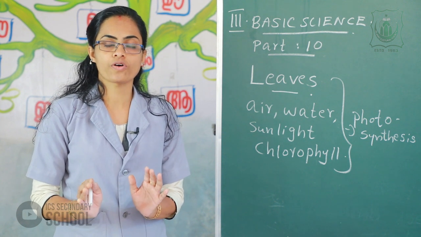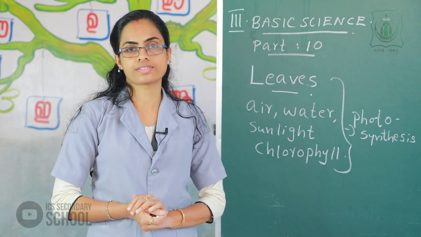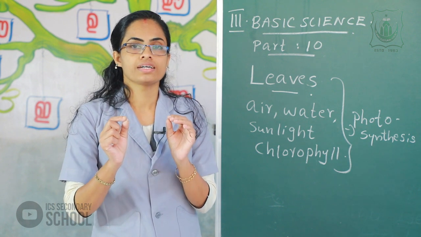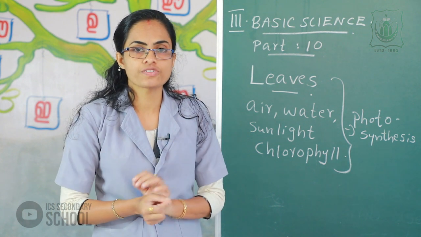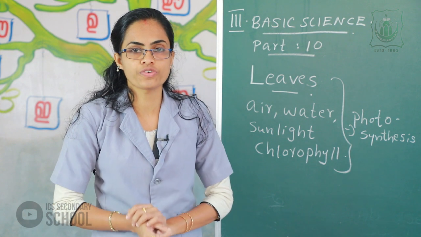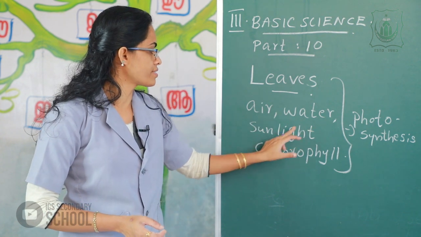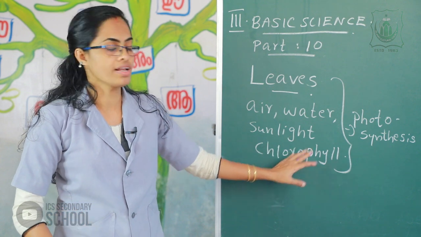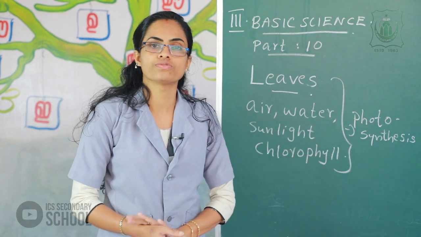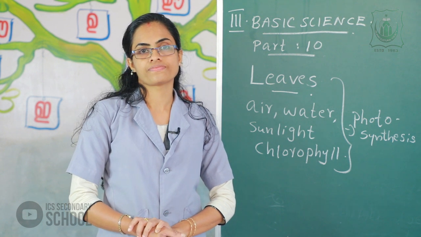I repeat once more, what is photosynthesis? The leaves make food for the plant with the help of air, water, sunlight and chlorophyll. That process is called photosynthesis.